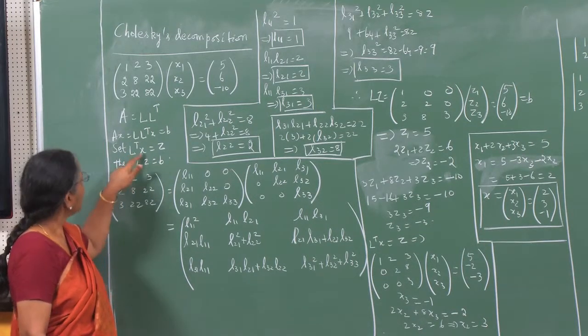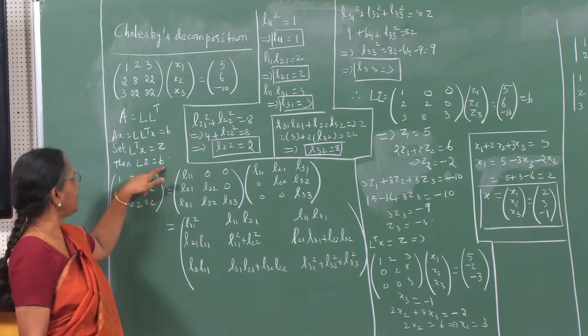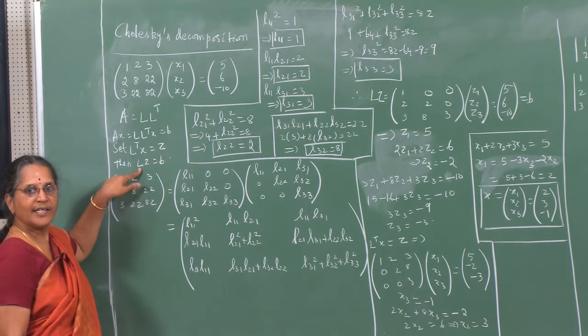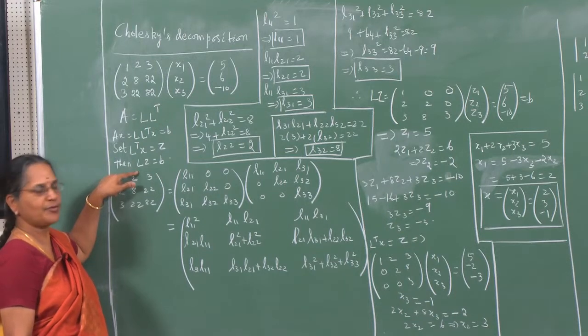On the other hand, the system Lz = b has L as a lower triangular matrix and therefore, we solve this system by forward substitution.